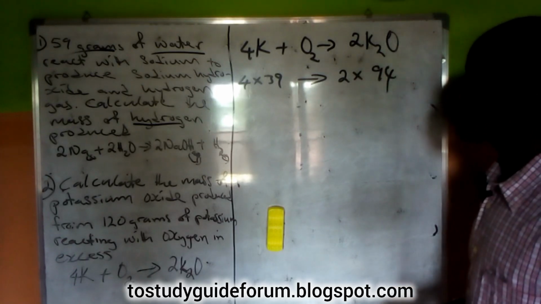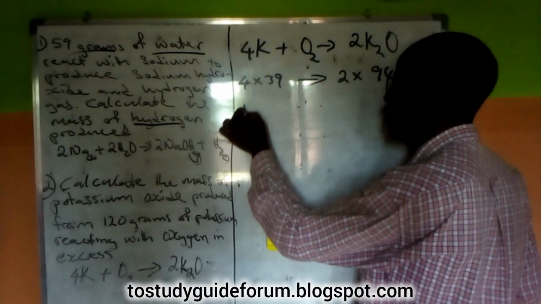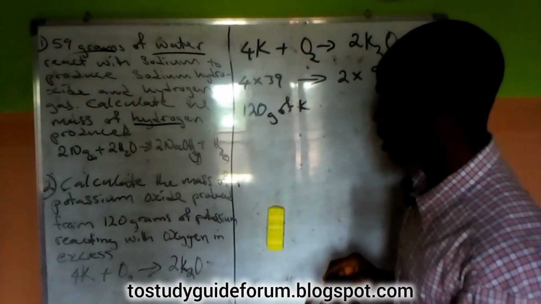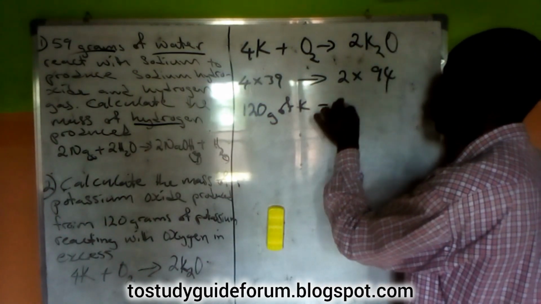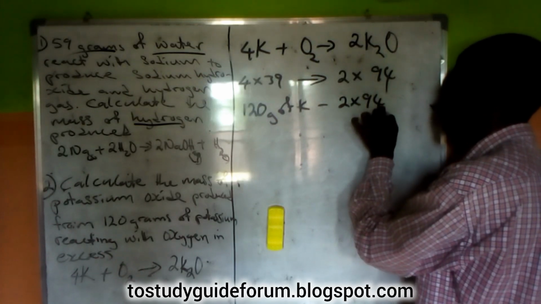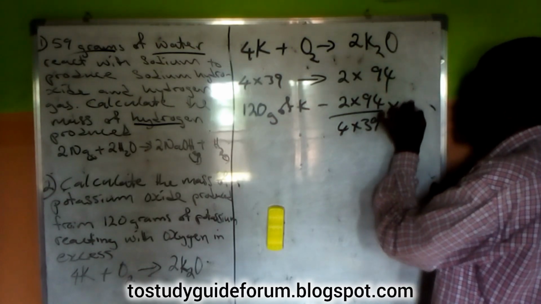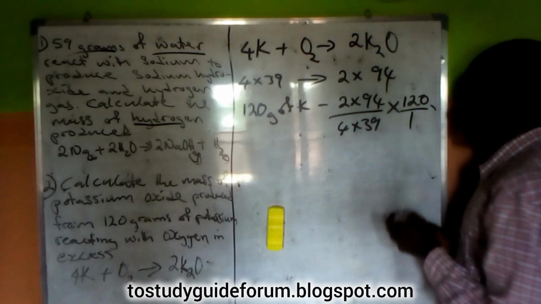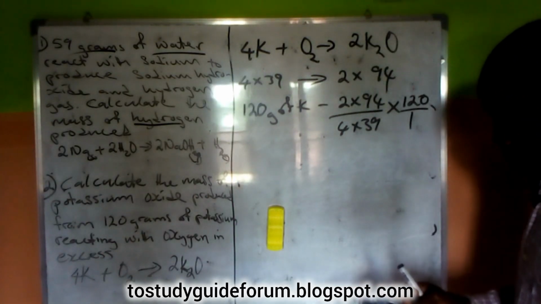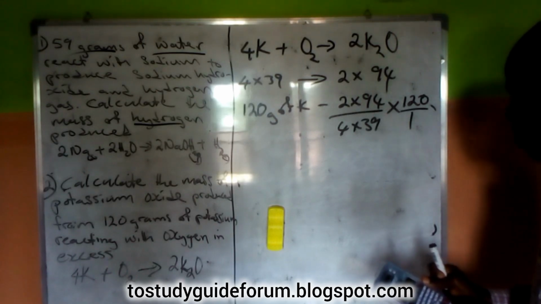So now we are going to be looking at what we have. What will this 120 grams of potassium give us? 120 grams of potassium will then give us 2 times 94 over 4 times 39, multiplied by 120.